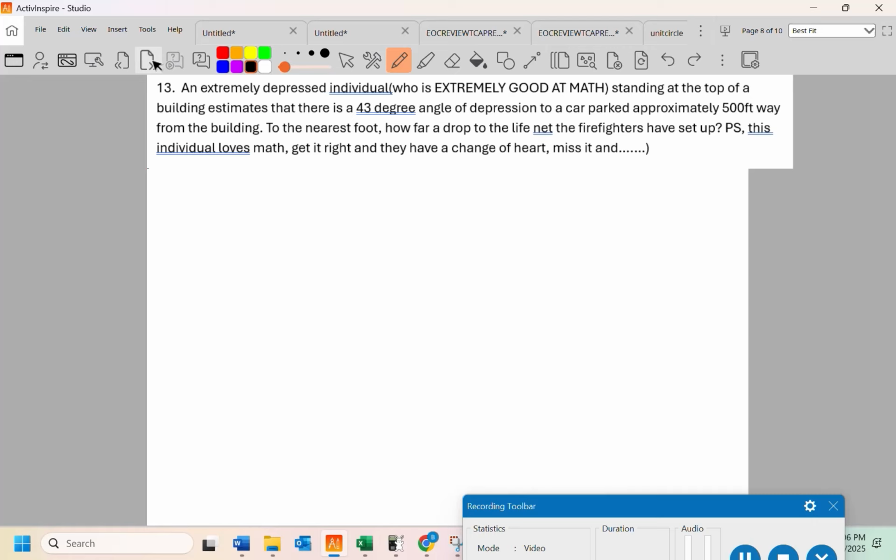So, let's make sure we get this right. All right, so first off, we got some dude standing on top of a building. This is my building. I guess this will make more sense. Put some windows in there. There's a car over here.